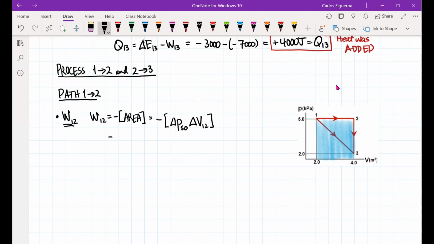Numerically, this will be minus 5 times 4 minus 2 times 10 to the 3, and that gives me minus 10,000 joules, and that's going to be the work between 1 and 2.